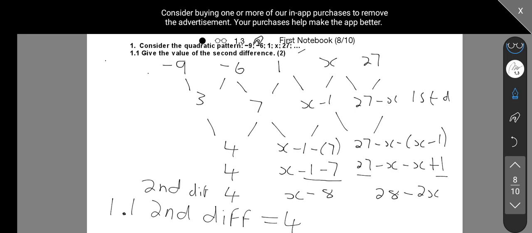Okay, let me erase here. We will know that these are our second differences. I still need the 4 here.